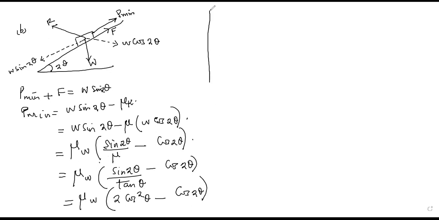Now, we can express cos 2 theta as 1 minus 2 sine squared theta.